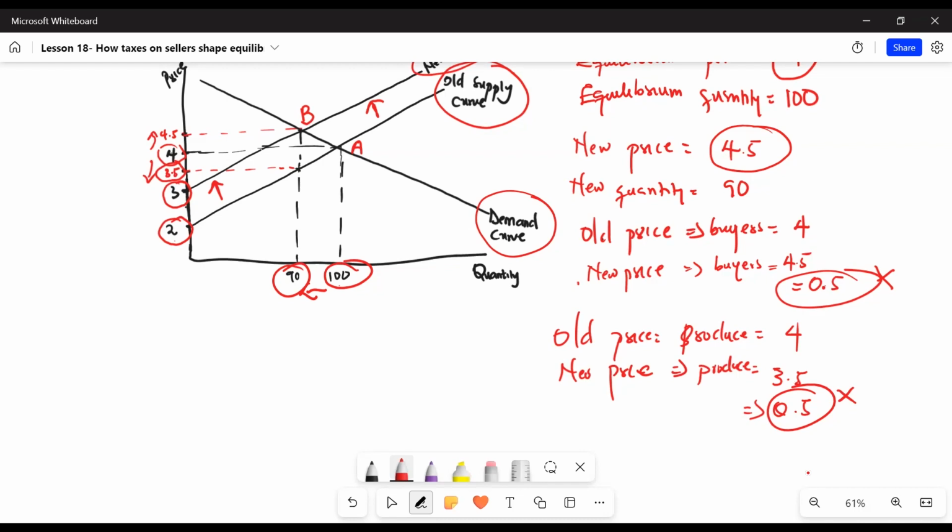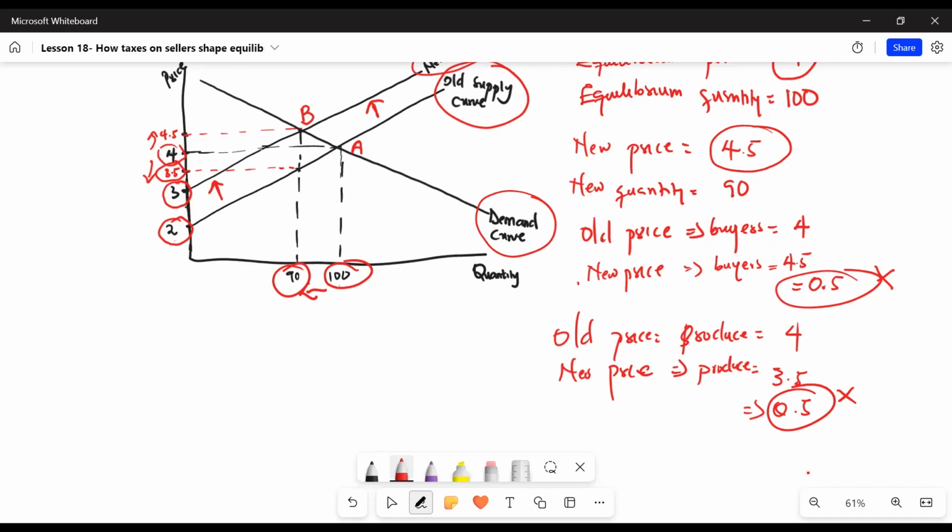But even though in this example they share the burden equally, it's not always the case. It could be that buyers pay a higher proportion as compared to what sellers pay, or sellers pay a higher proportion as compared to what buyers pay, or one party can pay all of it and the other party will pay nothing.